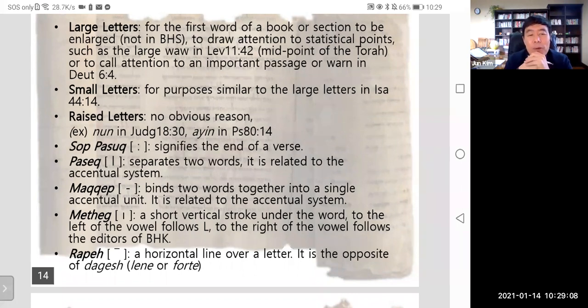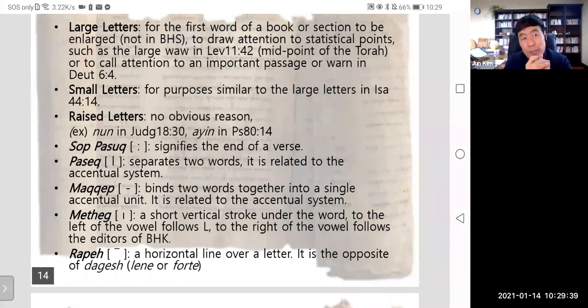Sof pasuq signifies the end of verses. Paseq separates two words. It is related to the accentual system. If you read the Hebrew Bible, there are a lot of signs above and under the letters. It's really confusing, but it has something to do with reciting these specific verses.